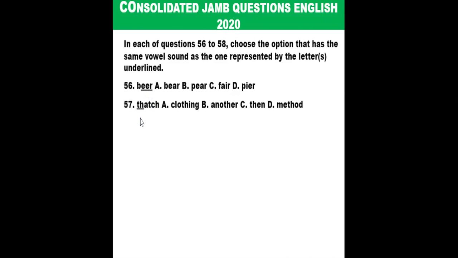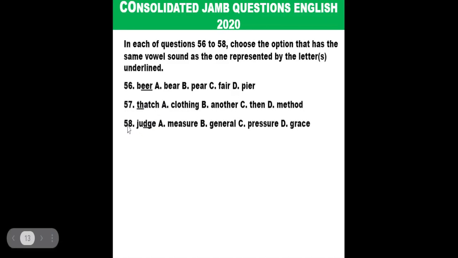Note the underlined letters. In beer, we have EER underlined. In touch, we have TH underlined. And so we are looking for a sound that actually represents those underlined letters. 58, we have judge, DG underlined.